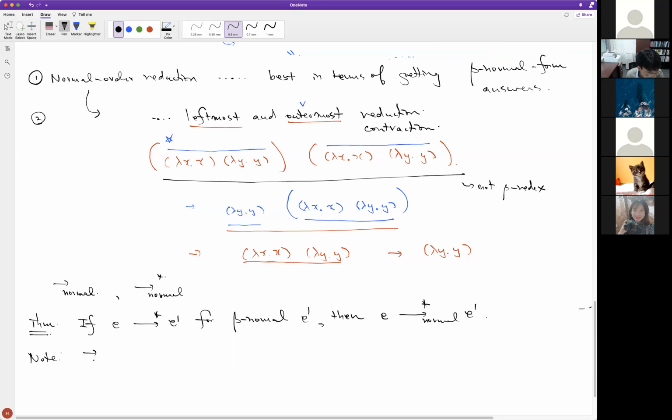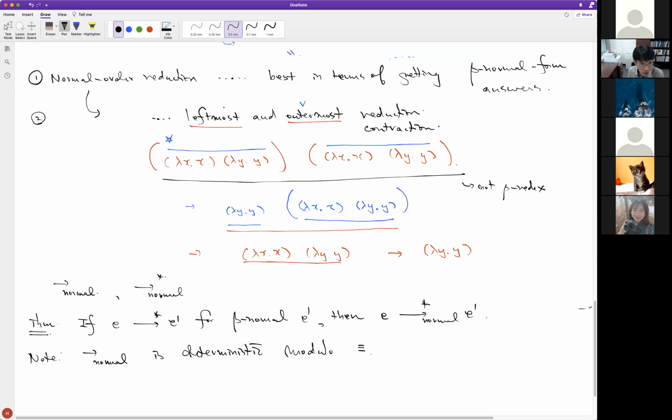Now, another point is that this normal contraction is deterministic, modulo this alpha equivalence relation. So there are no ambiguities about which one to evaluate next, which one to contract next.